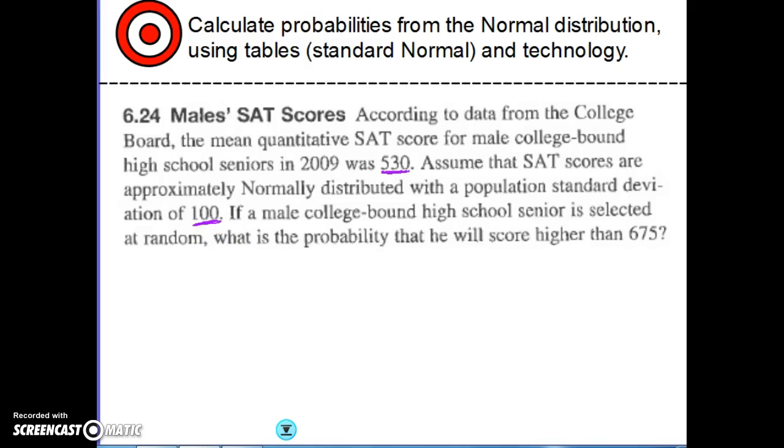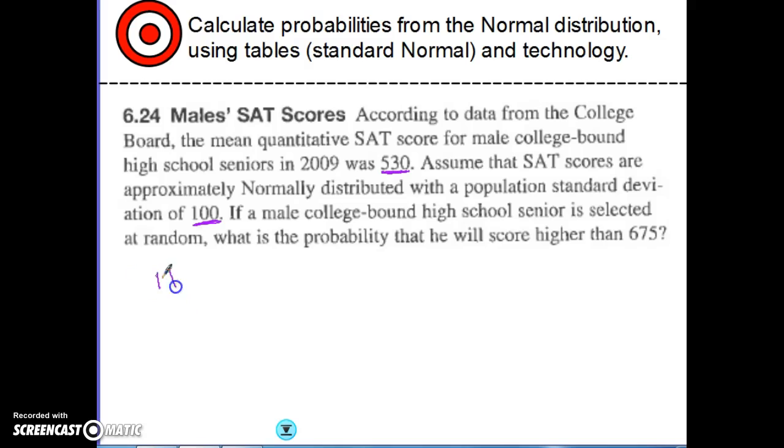If a male college-bound senior is selected at random, what's the probability that he would score higher than a 675? So maybe this is a scholarship committee or something like that, and they're trying to decide where to put their SAT cutoff score. And so they want to know how many people they could expect to apply for a scholarship that requires a 675.